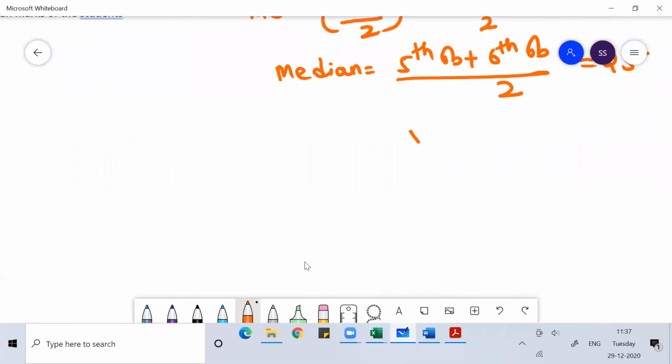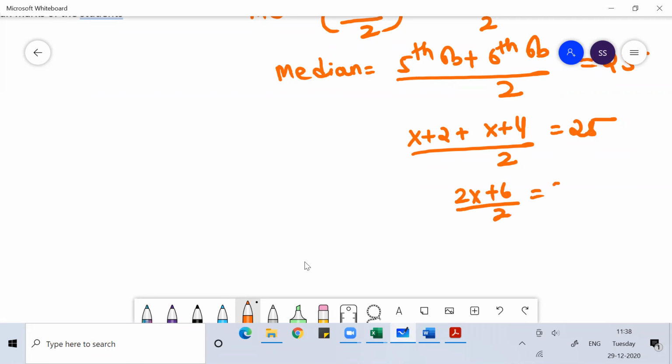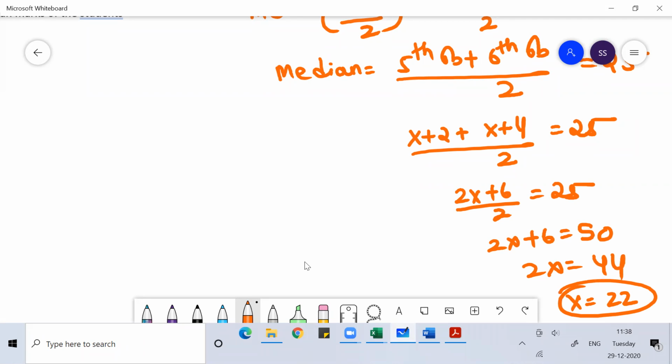So (x plus 2 plus x plus 4) divided by 2 equals 25. So 2x plus 6 divided by 2 is 25, 2x plus 6 is 50, 2x is 44, so x is equal to 22. That is the value of x.